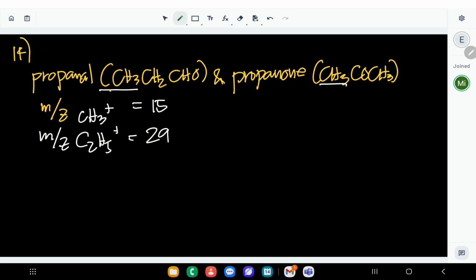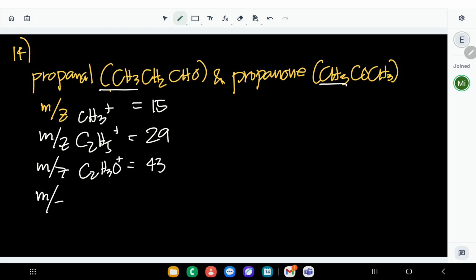And then for the C2H3O fragment, or C3H7, that is 24 plus 3 plus oxygen 16, so that is 43.